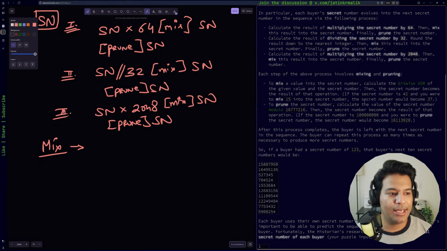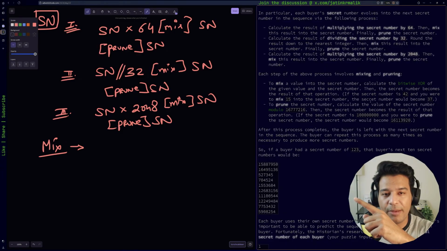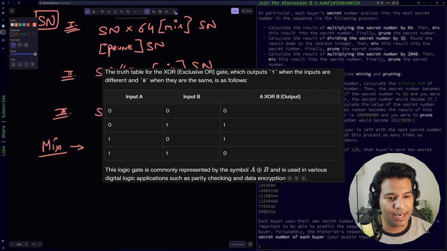XOR is exclusive OR. Whenever we have two bits given, we do an exclusive OR, which gives a true value only when the two inputs are not the same. I think I will put a truth table here so that it's easy for you to understand.